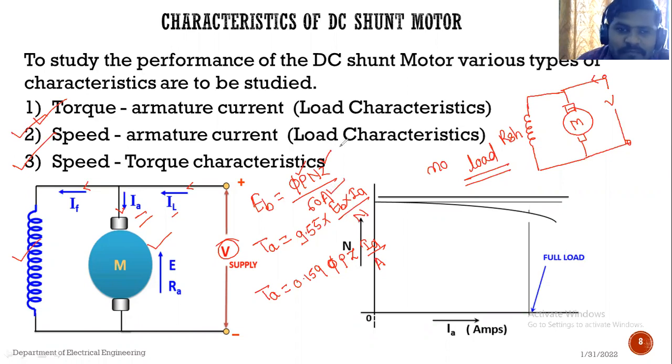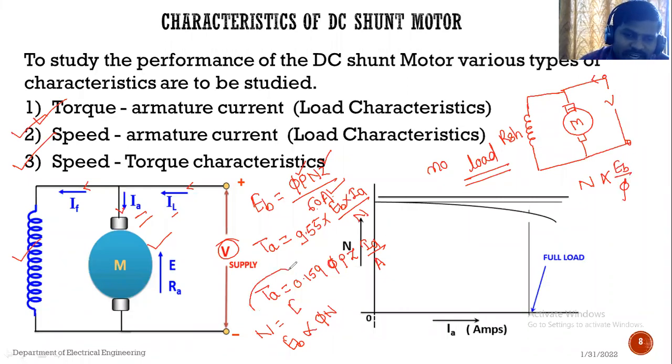So if these terms are constant, then this equation can be written as EB is directly proportional to phi into N, since P, Z, A and 60 are constants. So according to this we will rearrange this equation: N, that is speed of the DC motor, is proportional to EB divided by phi.